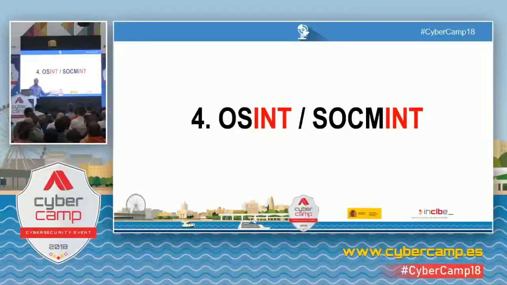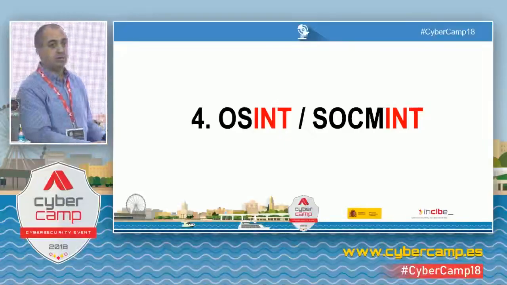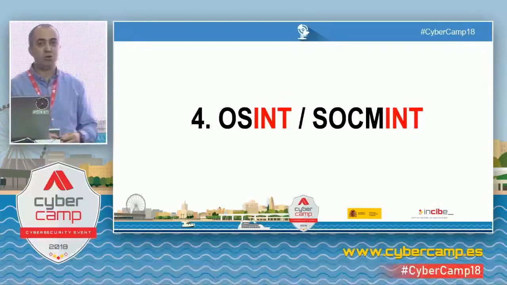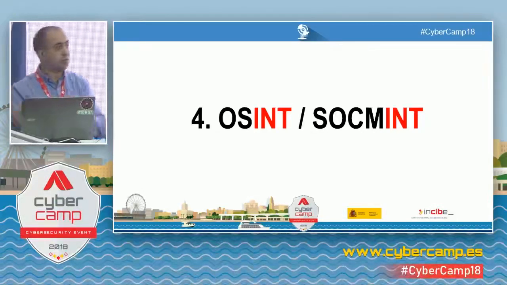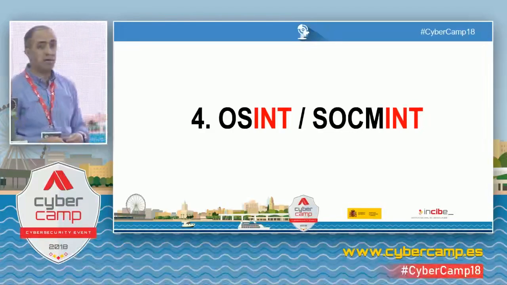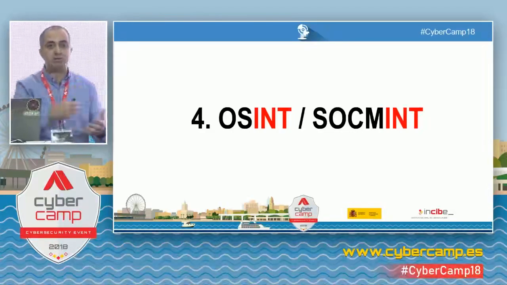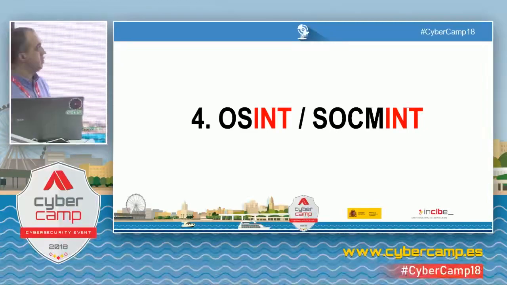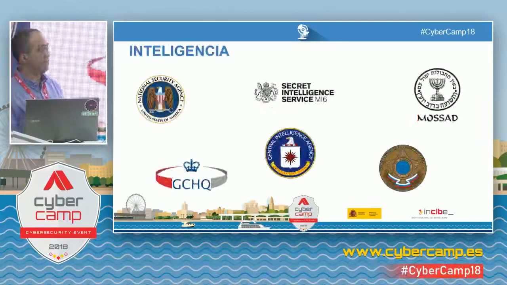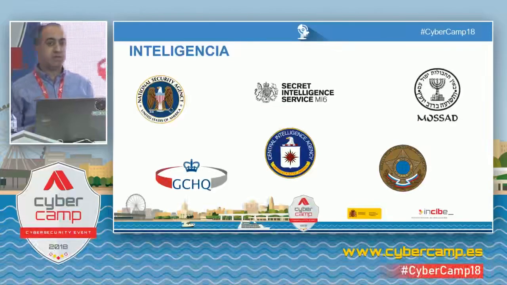Well, we need to combine products from different disciplines. We'll see later about different INTs. HUMINT, for instance. HUMINT is one of the products that is working quite well for us.